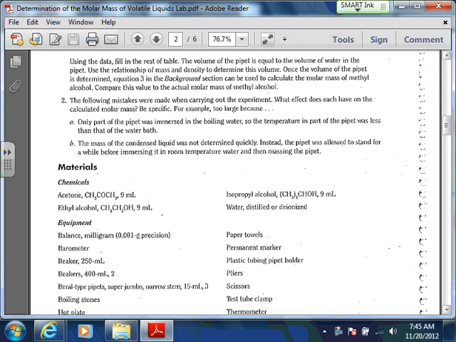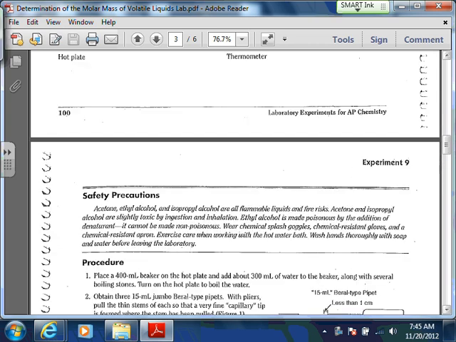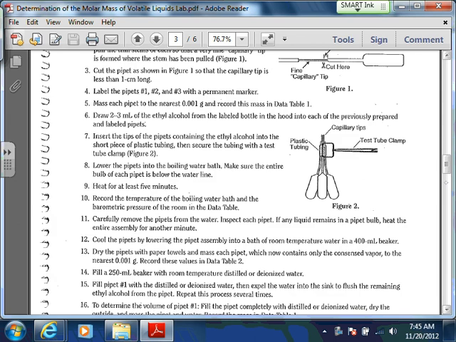Pretty straightforward stuff. What you're essentially doing on this lab is you are filling up these plastic tubes here with 3 different alcohols, and hopefully we can get to all 3 of those today, we'll see. But you're going to do 3 trials at once, essentially. That's why they've got all 3 of these going at the same time.